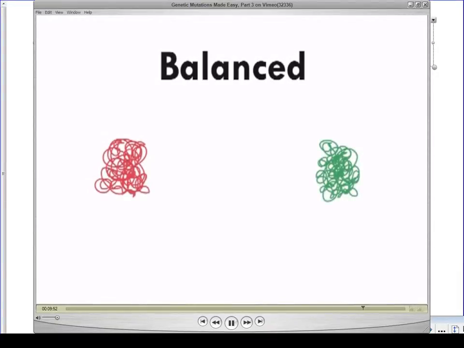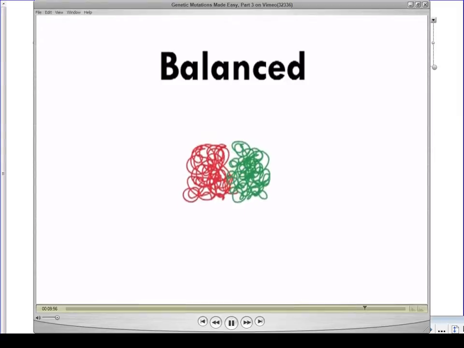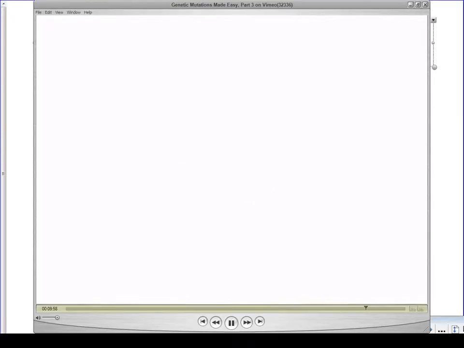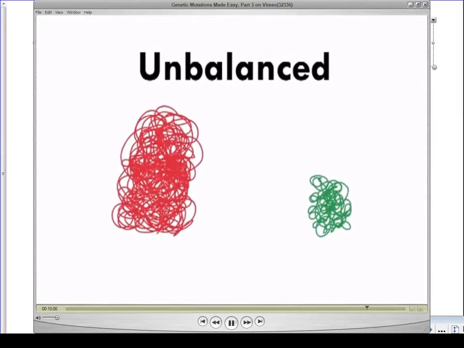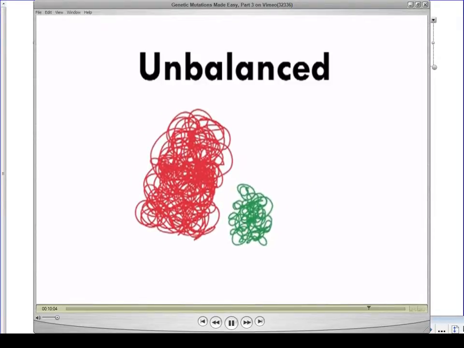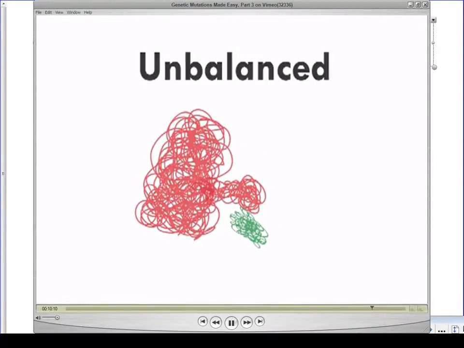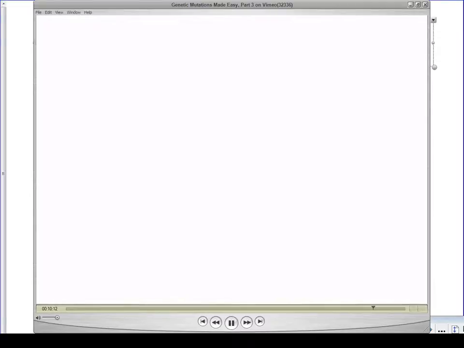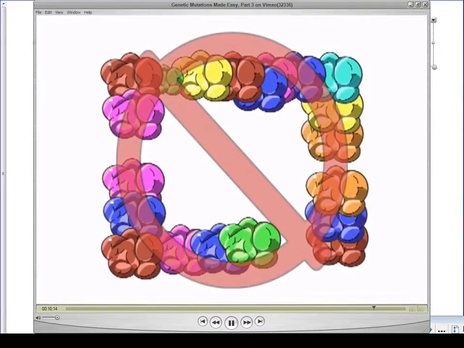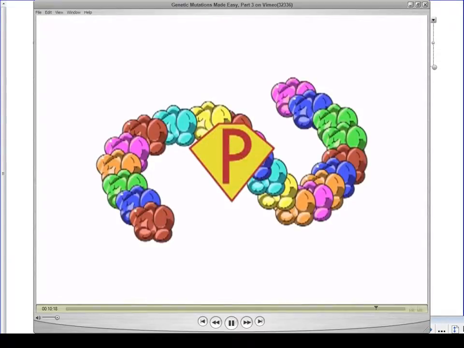In a balanced exchange, the 2 chromosomes trade equal amounts of genetic material. In an unbalanced exchange, unequal amounts of material are exchanged. This means one chromosome gains extra genetic material while the other chromosome loses genetic material. Translocation can lead to the expression of proteins that have a loss of function or gain of function.